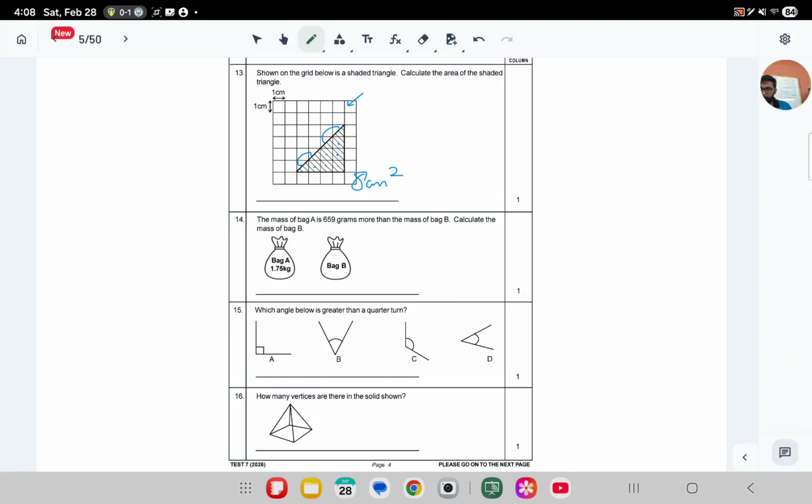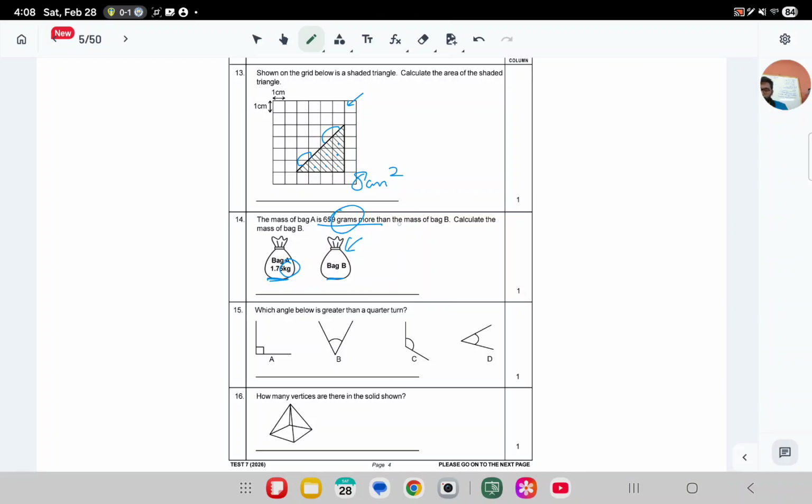Alright. Number 14, the mass of bag E is 659 grams more than the mass of bag B. Calculate the mass of bag B. So if this is heavier than this, to find out what this bag is, we need to subtract. But before we subtract, we realize we have grams and we have kilograms, so we need to convert to the same units.